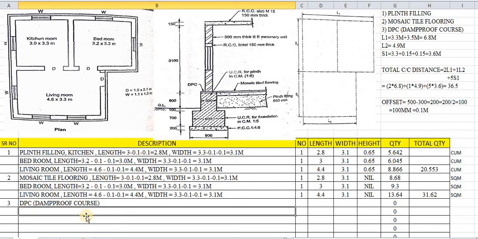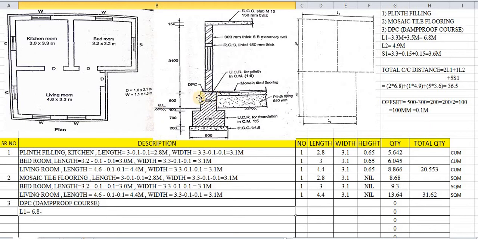So first we will find out the length of the long wall. L1 is the length of the long wall. What is the concept of the long wall? We have to add the width of section for the long wall and subtract the width of section for the short wall. What is the length of L1? We have taken it as 6.8. What is the width of section in this case?